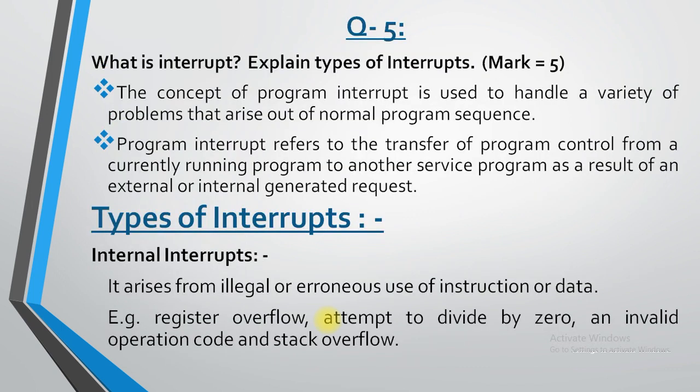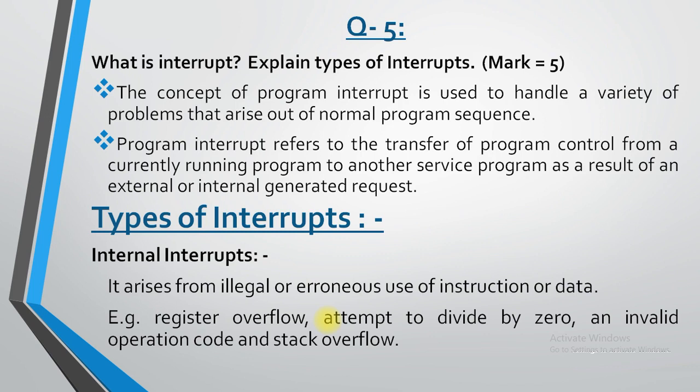The next and last question is, what is interrupt? Explain types of interrupt. Now see, sometimes what happens when you execute your program, at that time your program is terminated incorrectly, right? So that abnormal termination of your program is known as interrupt, right?